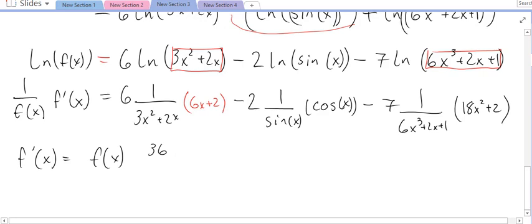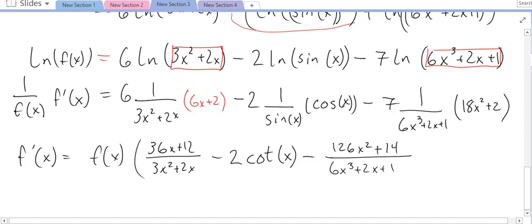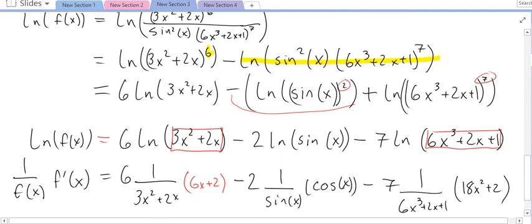x plus 12 over 3x squared plus 2x, minus, this will be 2 times the cotangent of x, and then we'll have minus (126x squared plus 14) over 6x cubed plus 2x plus 1. And then to finish this thing off, we need to put f of x back in.